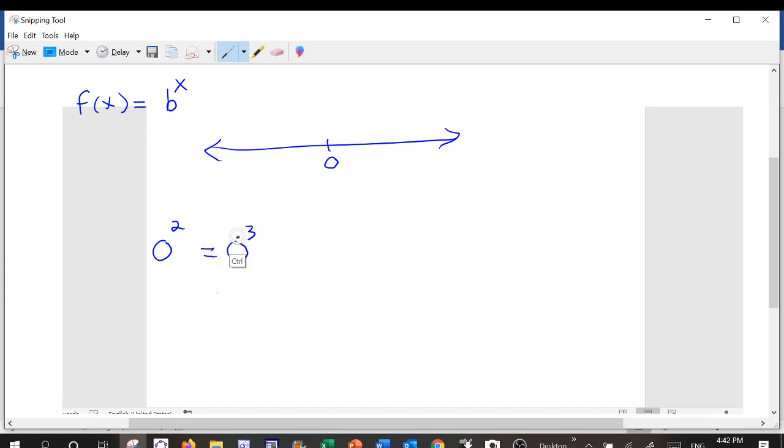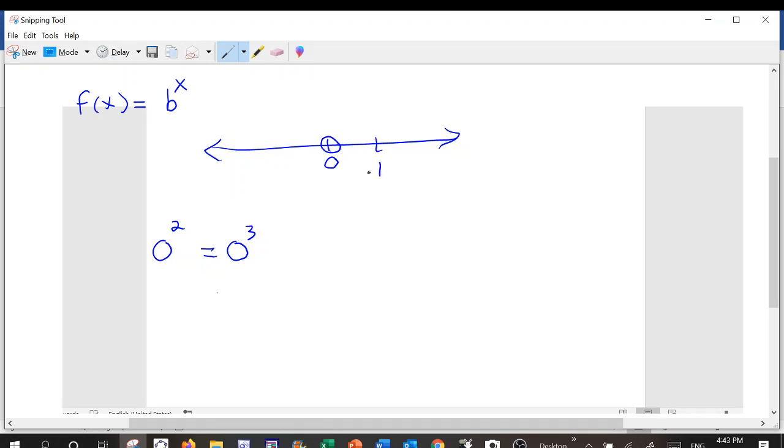So we cannot say that if the bases are the same, then the exponents have to be the same. Also, 0 to x is just 0, so you just get a horizontal line that is not really anything interesting. So 0 we're going to exclude. So we put a little empty circle here. That means no 0.